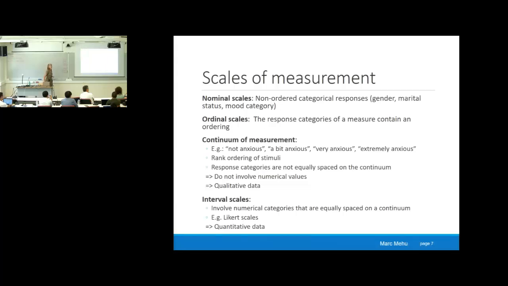Catherine, may I ask something? Mm-hmm. In this case, for instance, if we say not anxious, okay, the gender or marital status, okay, but not anxious, a bit anxious is very personal. I mean, you cannot identify. Of course, everybody can say, no, I'm a bit anxious. You can say also a bit anxious, but these are two different things.